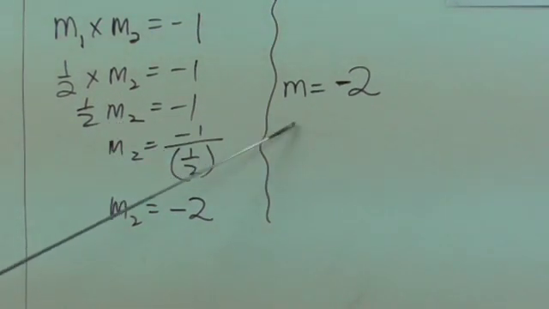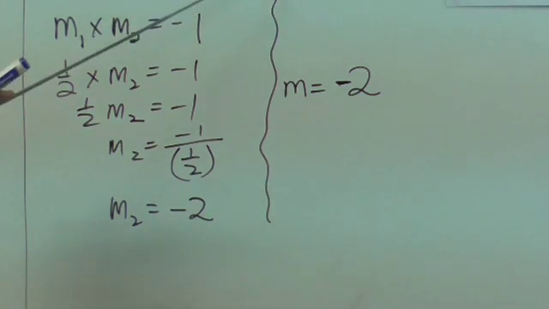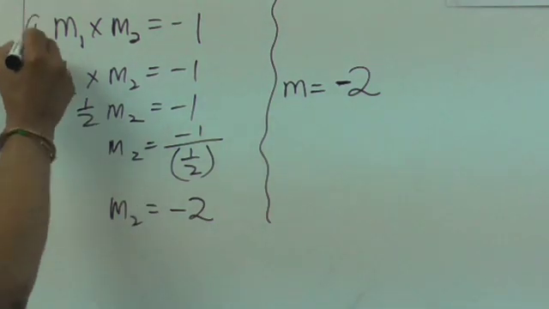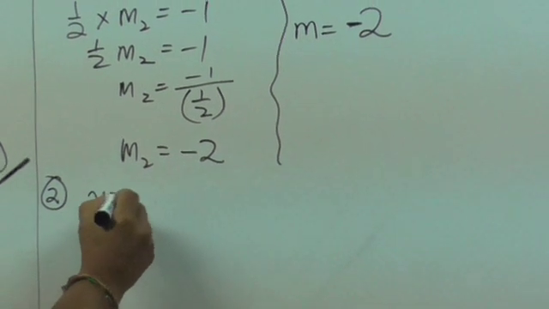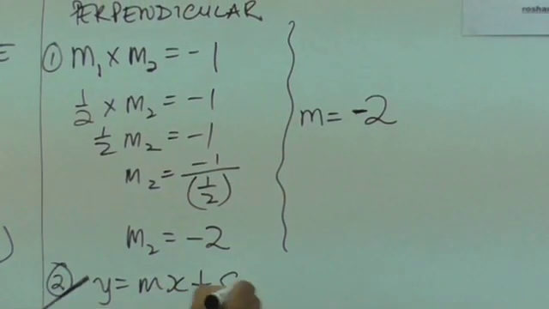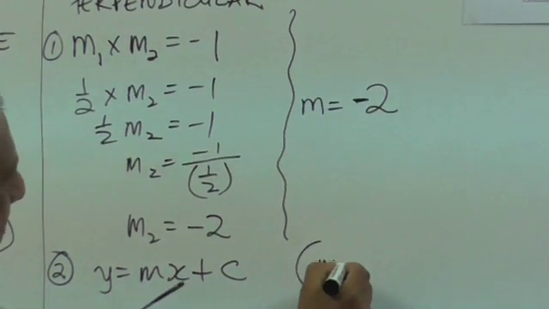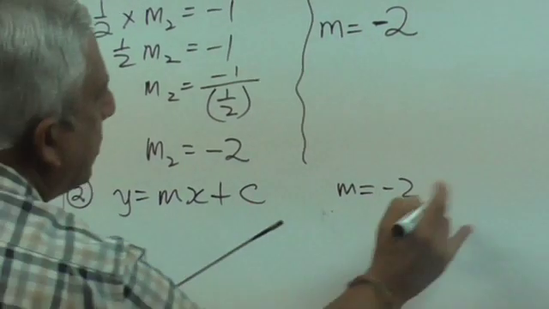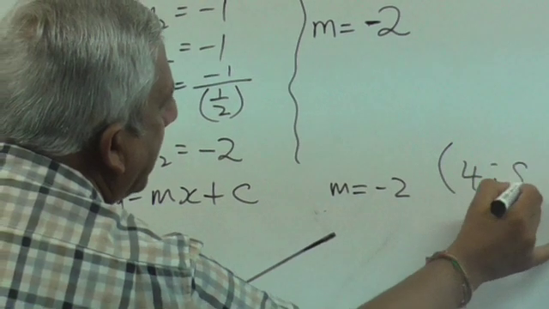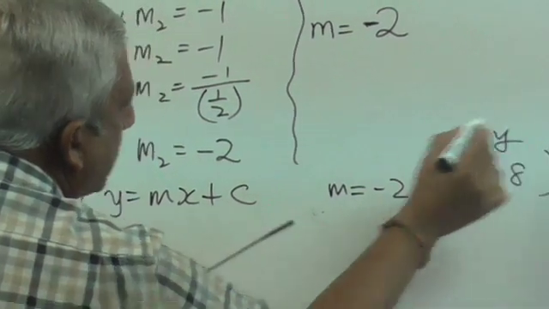So you got the gradient. Now you want C. You will have to solve for C because C is not given. So let's just call this 1, let's call this 2. Y is equal to mx plus c. You know that m is equal to negative 2, and you are using the point (4, 8), so that's your x, that's your y.